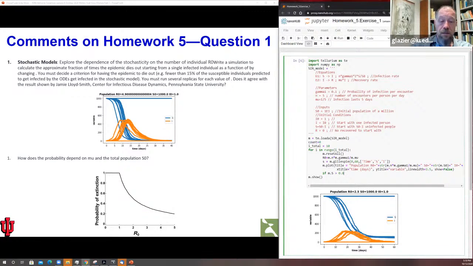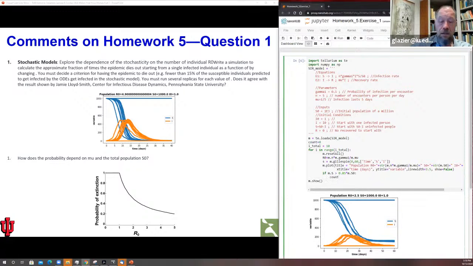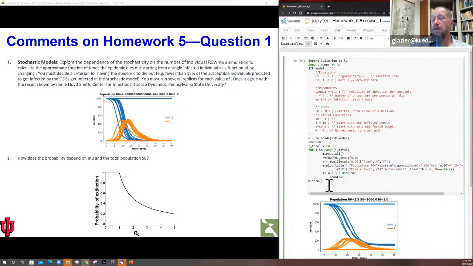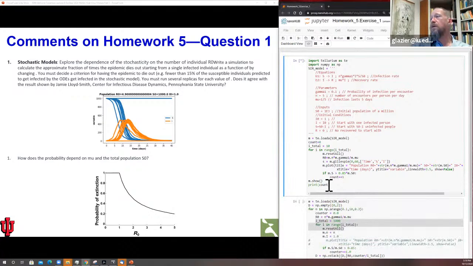Josh? 0.85 times our initial value of S0, m.S0, count plus equals 1. So that's keeping track of how many times the thing failed to infect. And if somebody catches me doing something silly, let me know. But let's try to print count and see what happens.